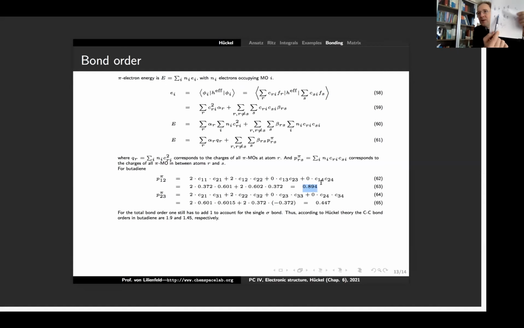Those are the two. Their products we add up here. And then we add up this product, 0.601 times 0.601, plus this product. And here you have the change of sign, so you effectively subtract something. Does that make sense?